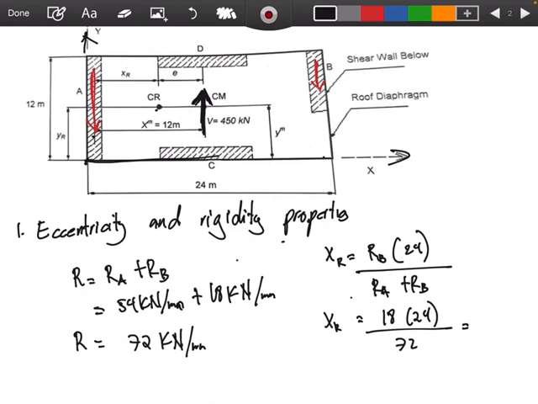So, that is X sub R. X sub R is what? 18. Wait, I'm just going to look at my calculator. 18 times 24 divided by 72.